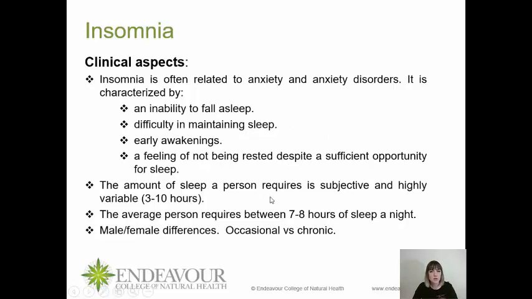The amount of sleep a person requires is subjective and highly variable between 3 and 10 hours, though the vast majority of the population requires 7 to 8 hours sleep. Most people who claim they need less sleep might be getting along fine, but they would be doing better if they were getting their 7 to 8 hours of sleep at night.